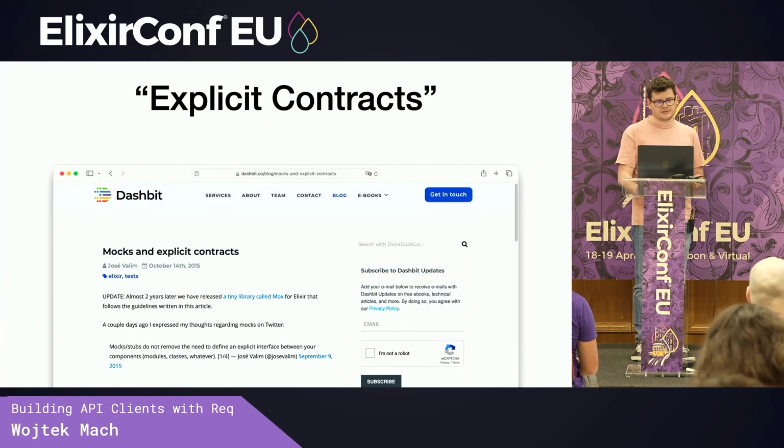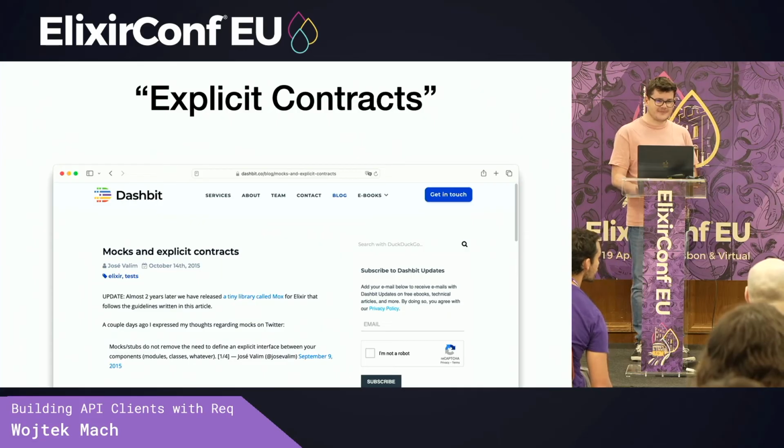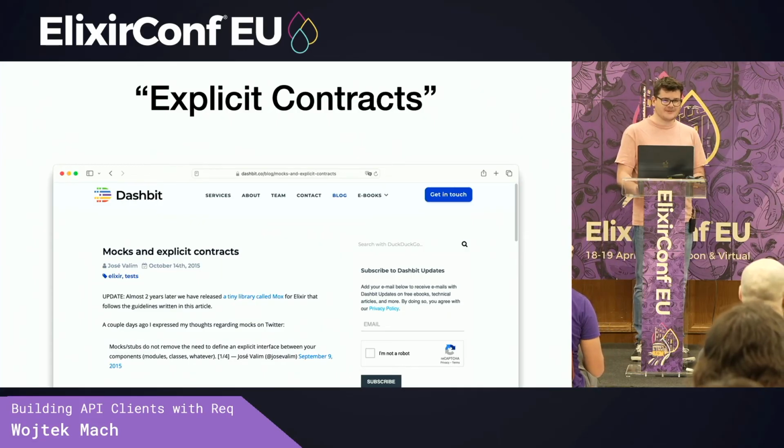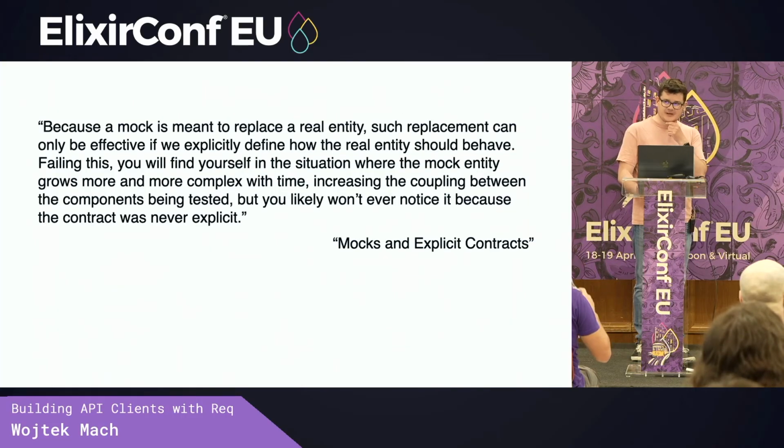So, explicit contracts. There is a very well-known blog post by Jose. It's kind of wild to see that it's almost a decade old. It's from 2015. So definitely do check it out if you somehow didn't read it yet. I'm going to read one excerpt from the blog. It's about mocks.